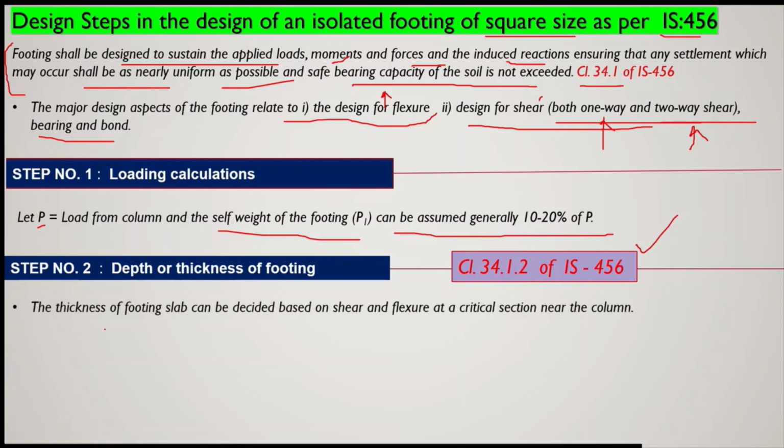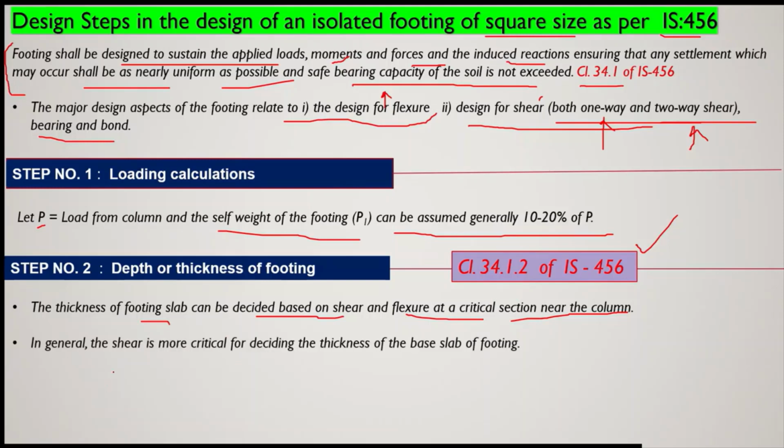Now the thickness of footing slab can be decided based on shear as well as flexure at a critical section near the column, and for that we will look after the guidelines given in the IS-456. In general, the shear is more critical for deciding the thickness of the base slab of the footing.